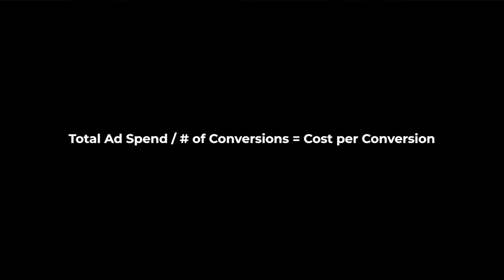Okay? And how many customers, clients, or conversions have you got before? So get the total advertising spend before, and then divide it by the number of conversions, clients, or customers that you've got. The quotient, the result of that division, should be the cost to acquire or the cost per customer or client, whatever that is.